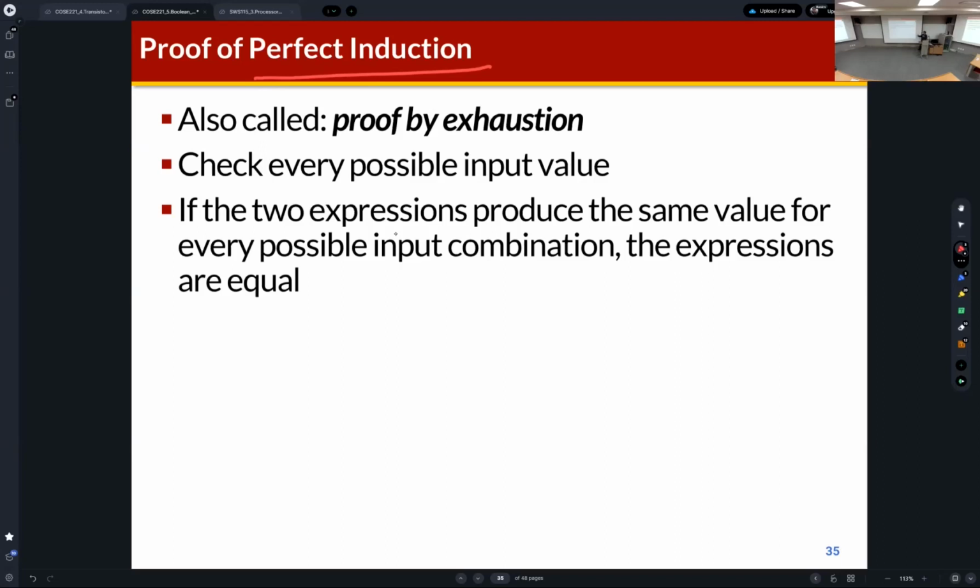So you may think, oh, this method is very dumb because we need to define all possible cases. But for this Boolean equation we can use this perfect induction method because each term has only two possible values. So it's also called the proof by exhaustion.